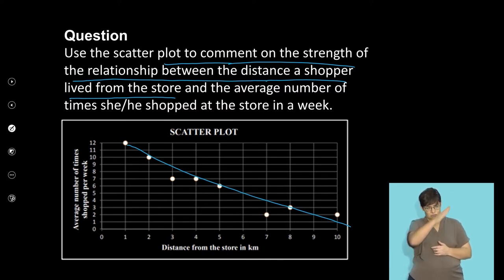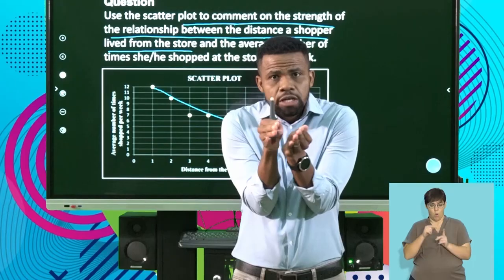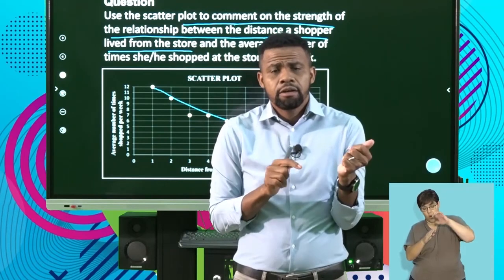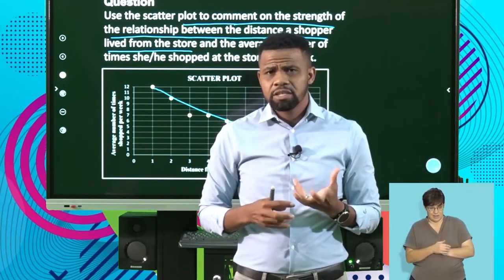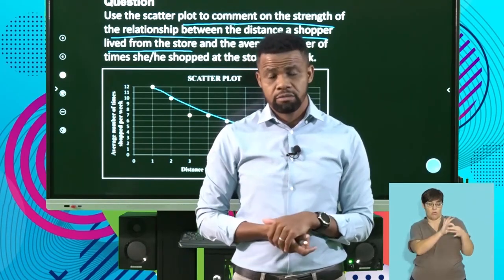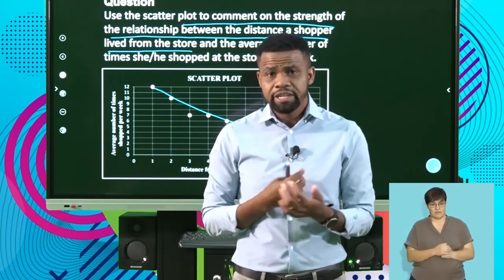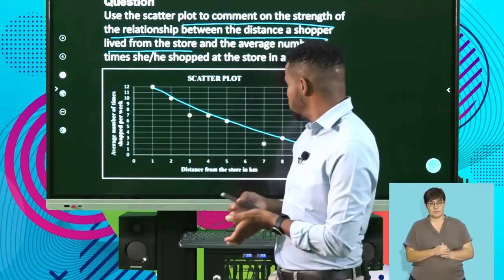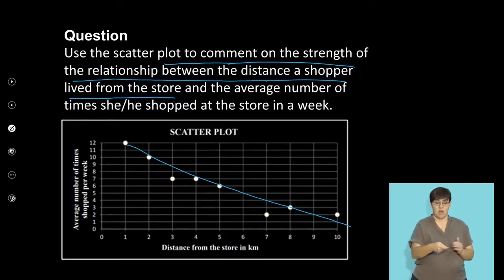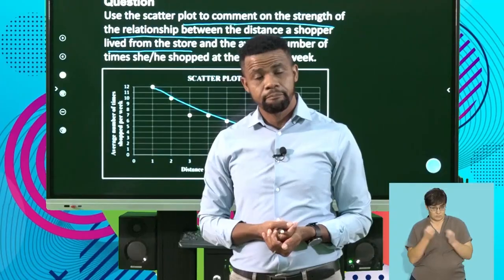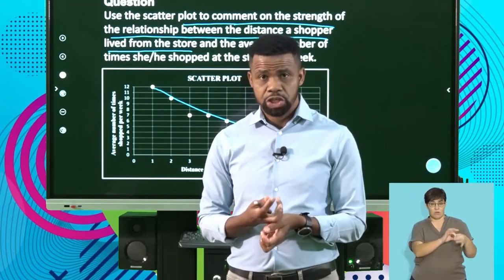And if I draw that line, the points will be close to the line. So this tells us there's a strong correlation, a strong relationship between the distance from the store and how many times a person goes to the store. Are we together? There's a strong relationship.